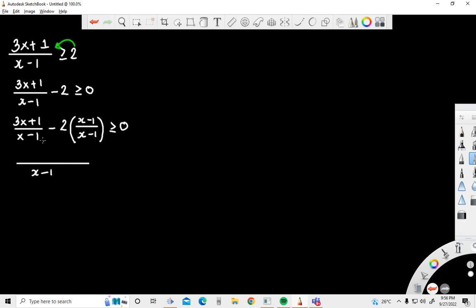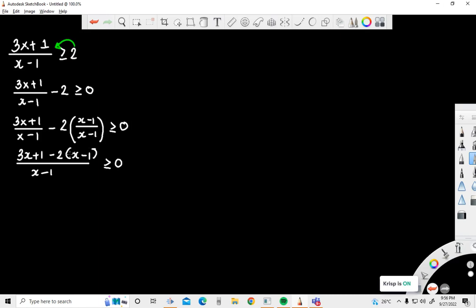let the denominator be equal to x - 1. Then dito, kokopihin ko yung numerator. So, meron tayong 3x + 1. Then, yung numerator dito sa part na to, we have negative 2 times (x - 1). Okay? And that is greater than or equal to 0.